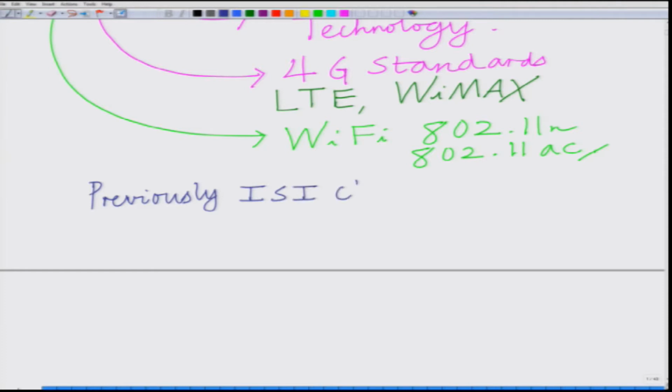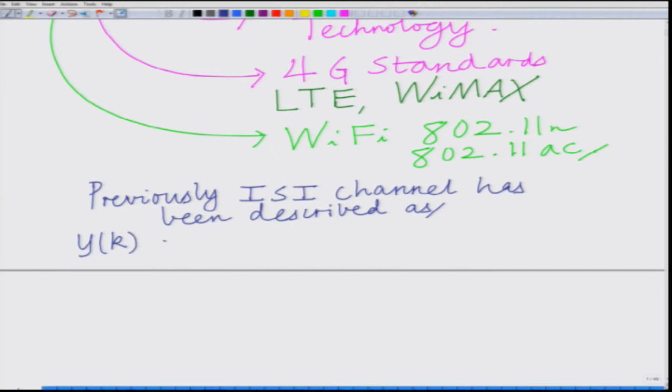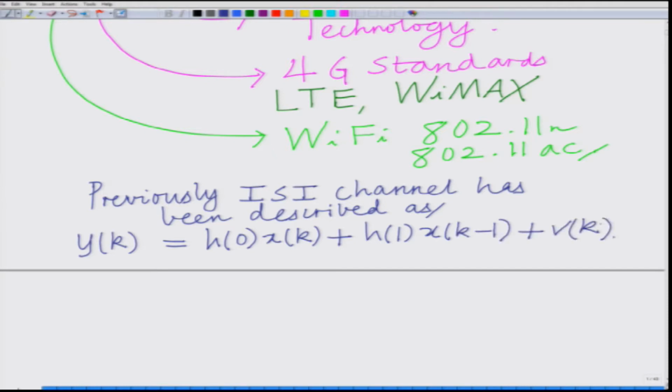The ISI channel has been described as Yk, that is the received symbol at time k, equals H0 xk plus H1 xk minus 1 plus Vk.